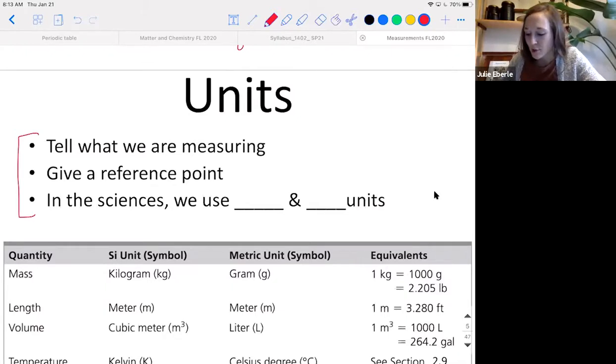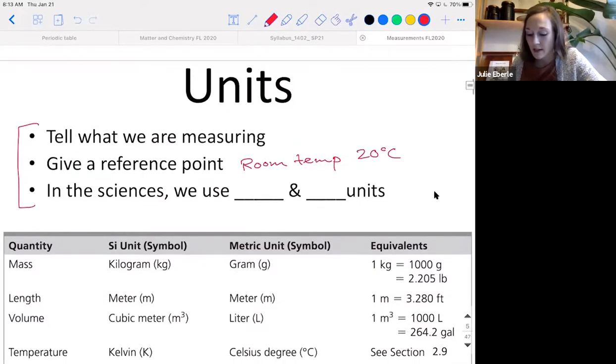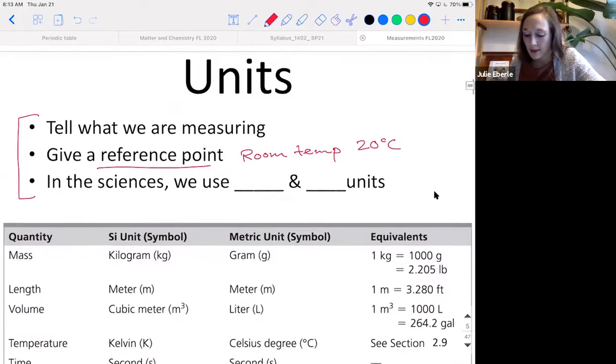Okay, so if room temp is right around 20 degrees Celsius, if my friend in Iran tells me, oh, in Iran today it's 54 degrees Celsius, knowing the reference point of room temperature, I can understand, wow, 54 degrees Celsius is extremely hot. If she just said it's 54 degrees, I would be like, man, that's kind of cold. Because on the Fahrenheit scale, 54 is kind of cold. So anyways, that gives you this illustration that they're a reference point, okay? Units help in that way.